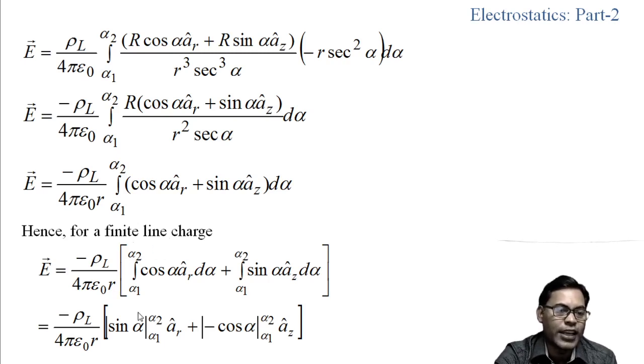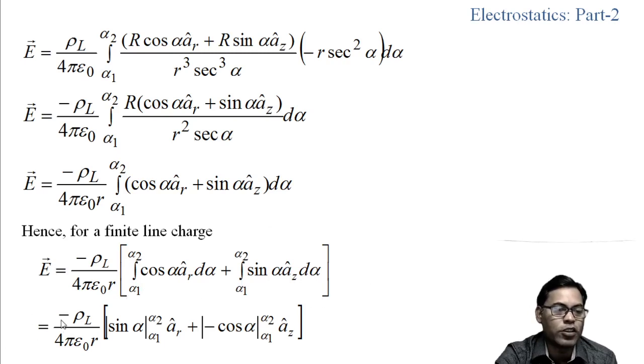Now you see that in the integration alpha 1 to alpha 2, we have cos alpha AR d alpha, plus again integration alpha 1 to alpha 2 sin alpha Az d alpha. Now if we take the integration of cos alpha d alpha and sin alpha d alpha, we will get the answer.